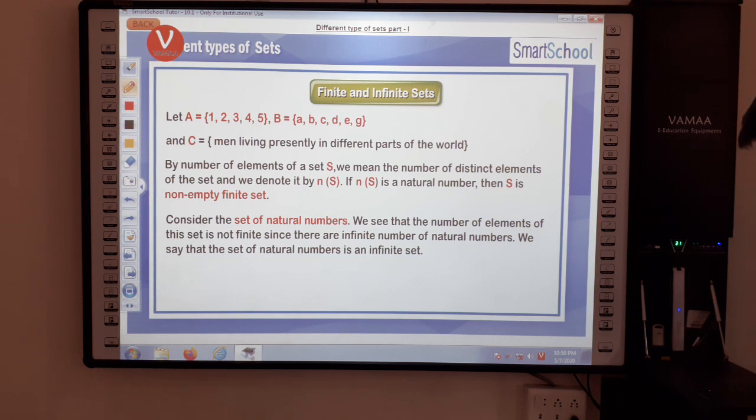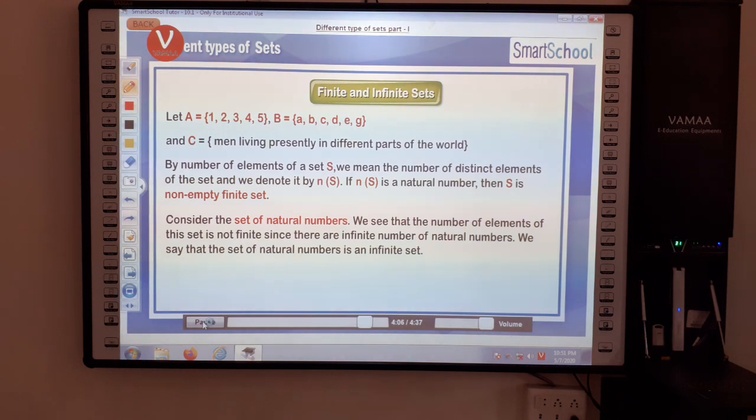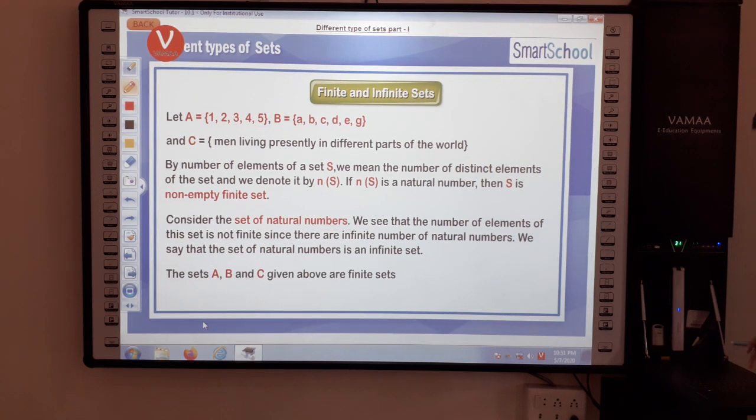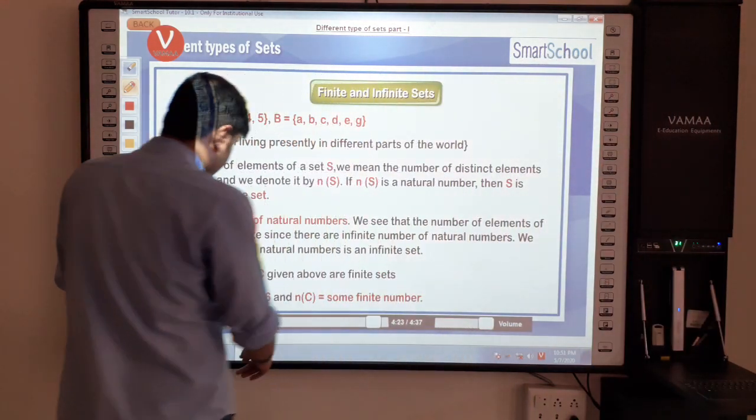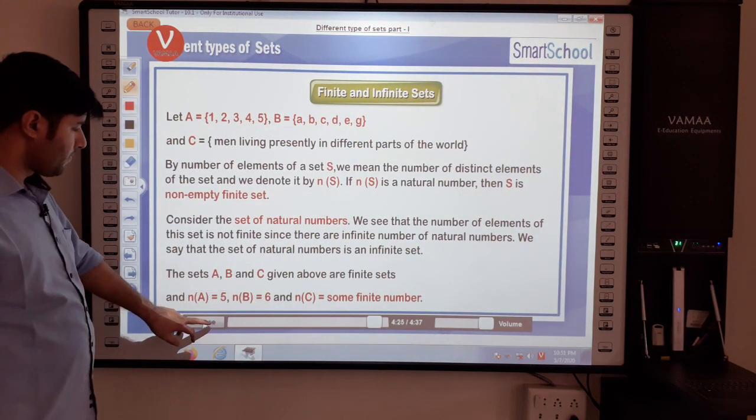We see that the number of elements of this set is not finite, since there are infinitely many natural numbers. We see that the set of natural numbers is an infinite set. The sets A, B and C given above are finite sets, and n(A) is equal to 5.